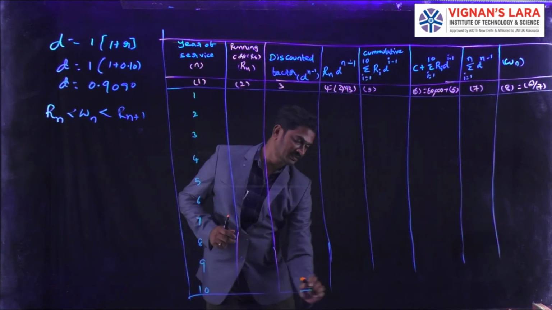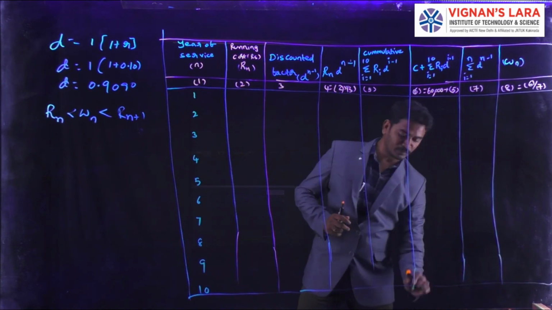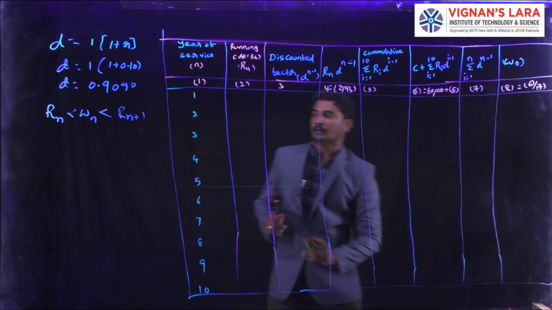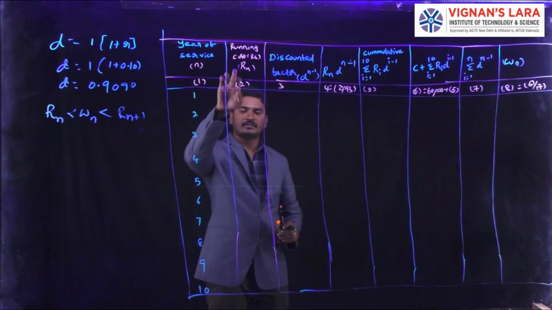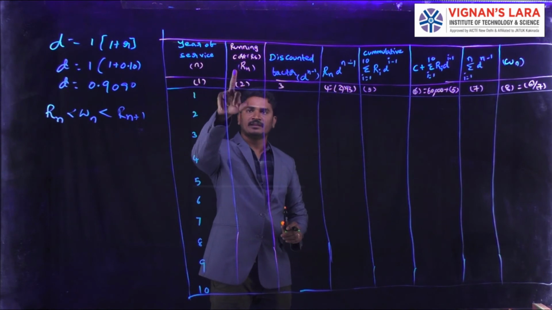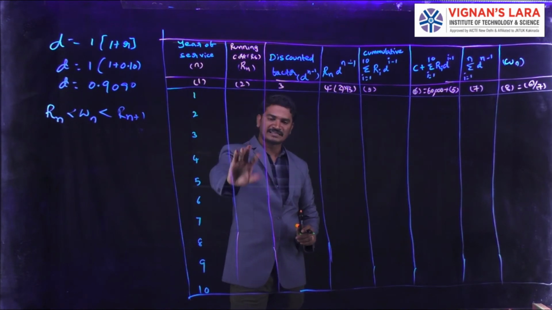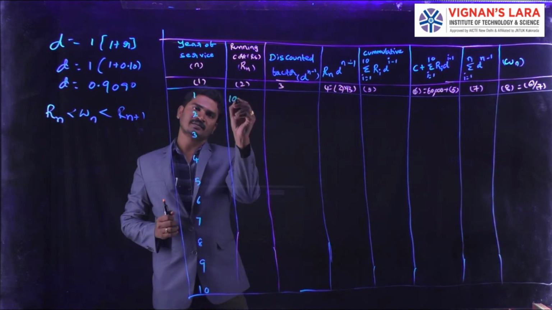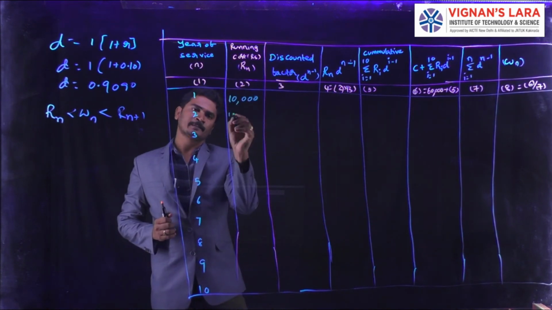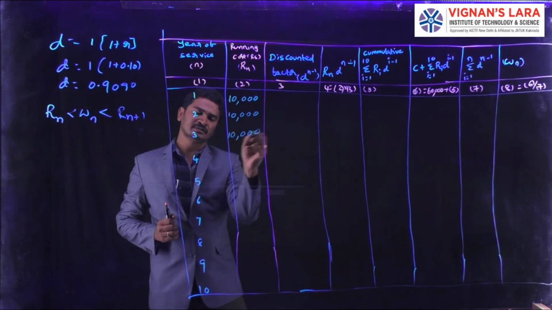For 10 years I am going to calculate the Wn value as well as Rn. Here the year of service is 10 years. Next, the running cost: it is 10,000 for the first 5 years, then it increases subsequently every year by 3,000.